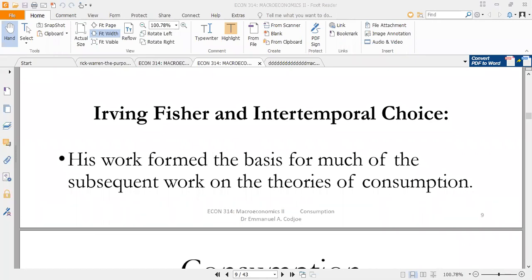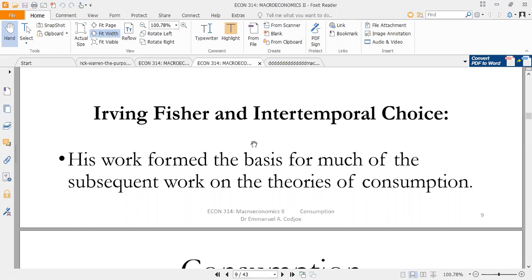For this theory, the assumption is that when people are deciding on how much to consume and, automatically, how much to save, they consider both the present and the future. You have to be forward looking and rational.